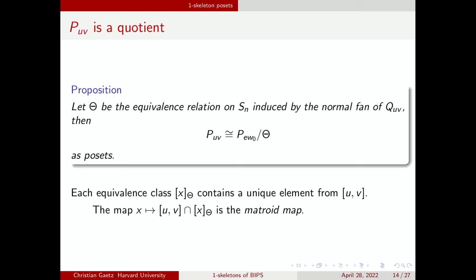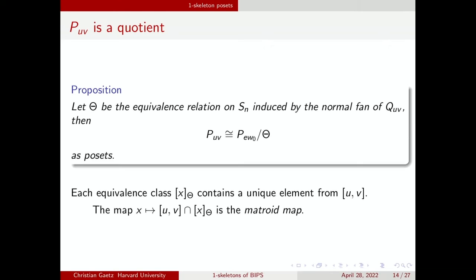Now we have to be slightly careful here because this equivalence is not what's called an order congruence or lattice congruence. So in principle, I'm not allowed to just take a quotient of a poset by any equivalence I like. I might not end up with a poset. So there's content to saying that this is in fact a poset and this is the poset I want.